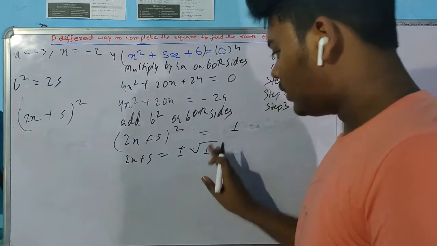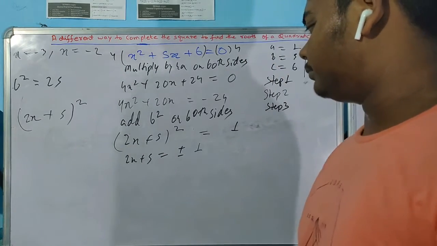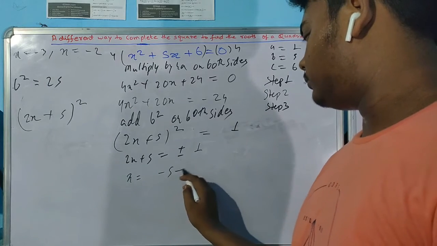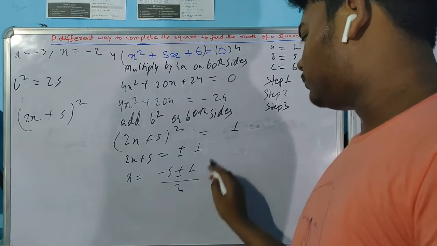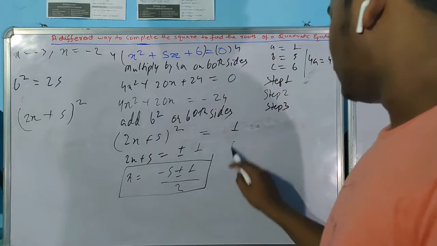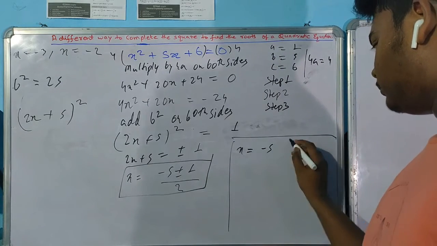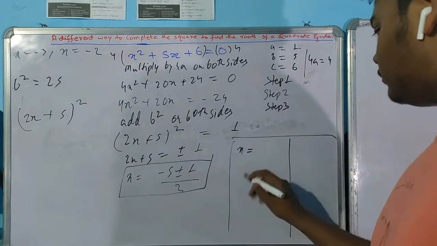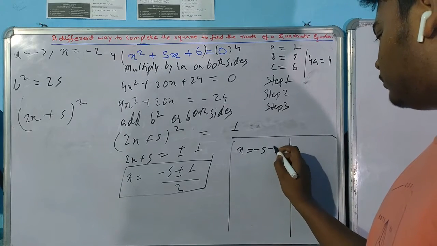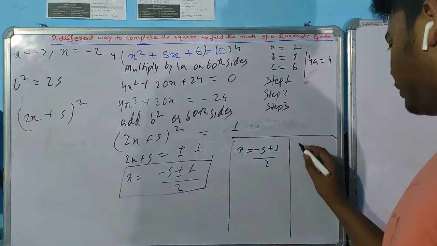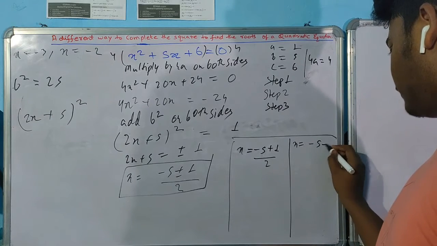This will just become 1. Now we will solve further. One time positive, one time negative.